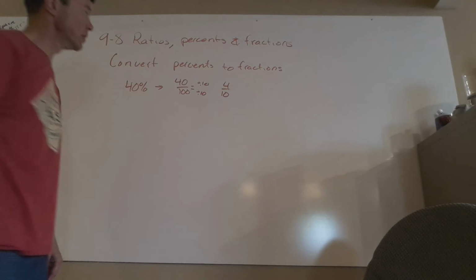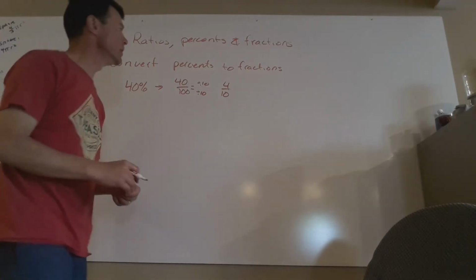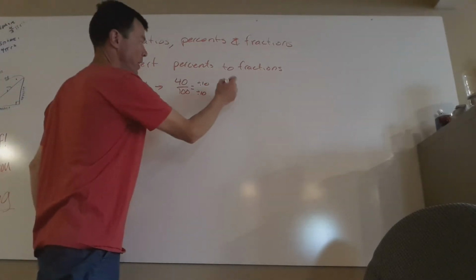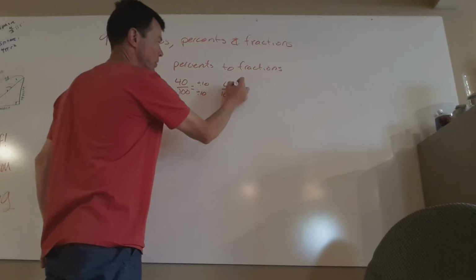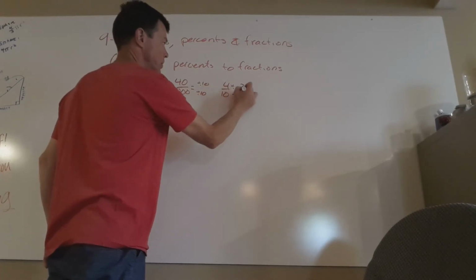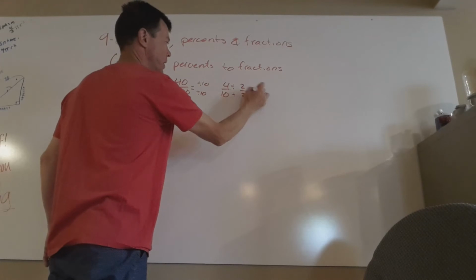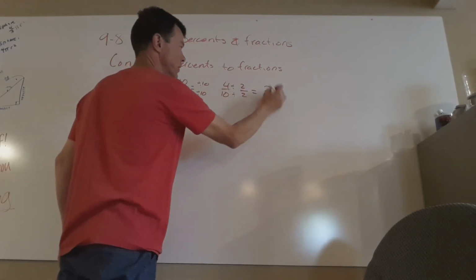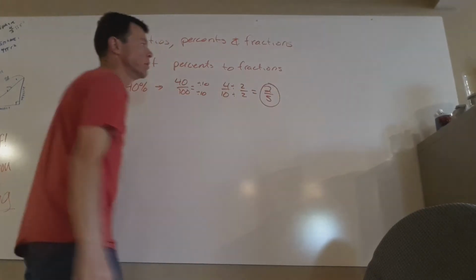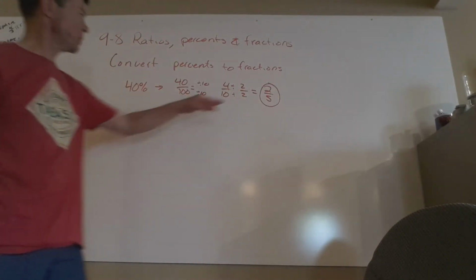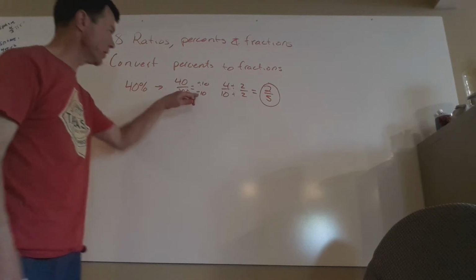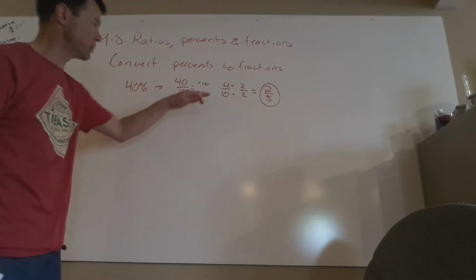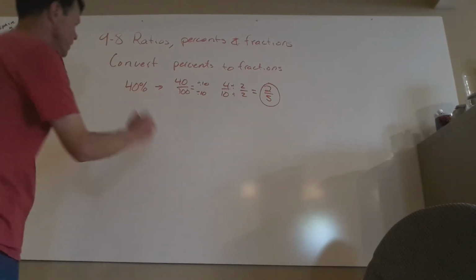Well, that's close, but it's still not in simplest form. I can divide top and bottom by 2, and you end up with 4 divided by 2 is 2, 10 divided by 2 is 5. 2/5 is your equal fraction. 40% is equal to 2/5.